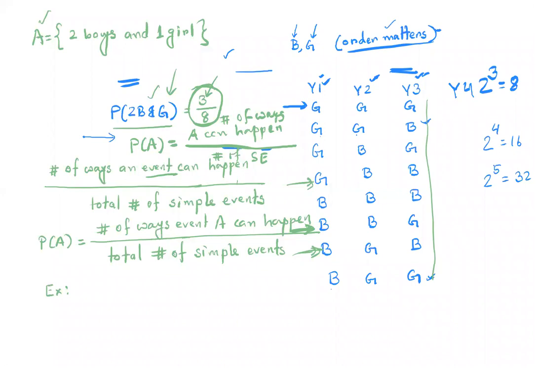Now, this is the second definition of probability. Remember, the last definition was probability of an event A was the relative frequency, number of times event A has happened divided by the total number of simple events, right? That's the relative frequency definition of probability.